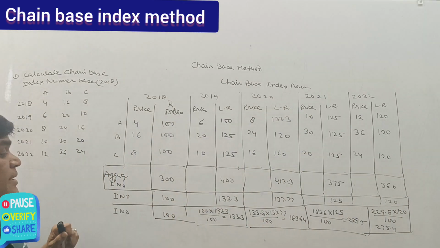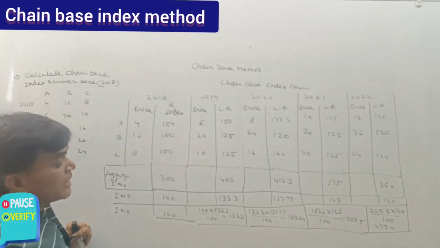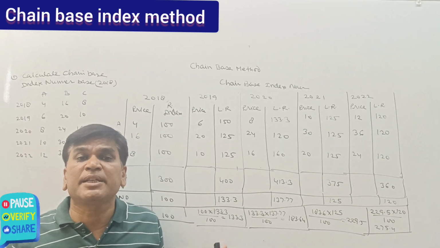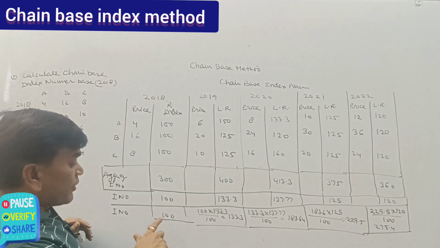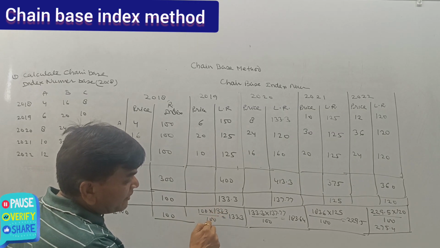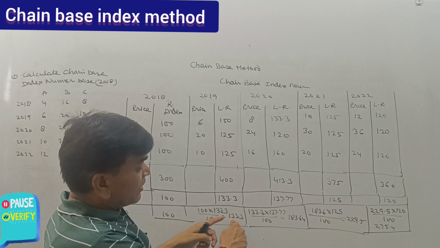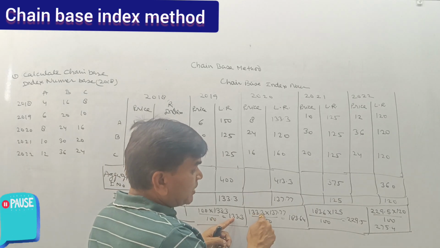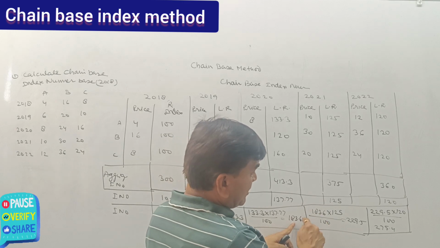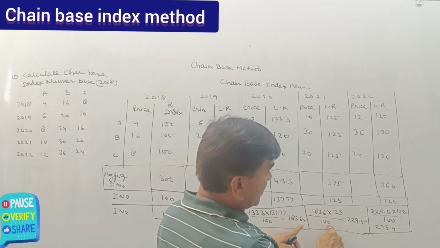Now the chain base index number formula is index number of the previous year multiplied by the index number of the current year divided by 100. So first is 100, previous 100, current year 133.3 divided by 100, we got this. Now previous year 133.3, current year this divided by 100. Now previous year this, current year 125 divided by 100.